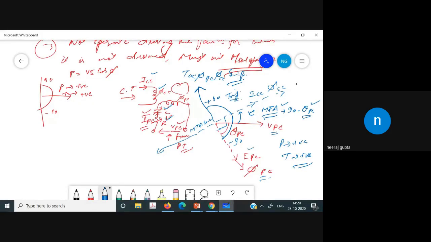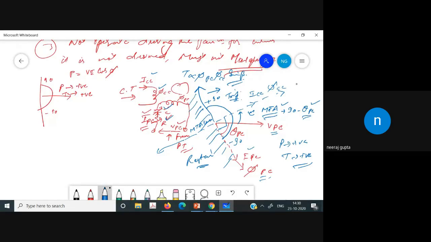The region above plus 90 and minus 90 is known as the restraint region, because in that case the power is negative and the torque is also negative.